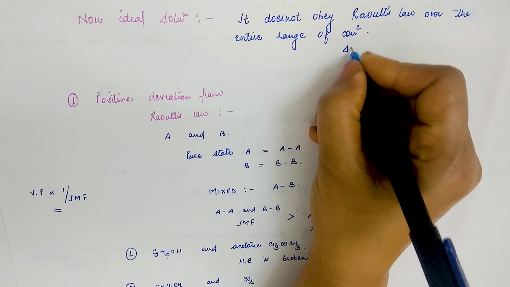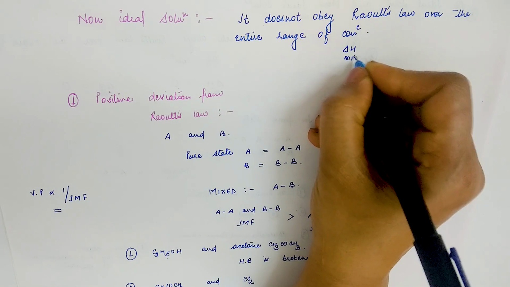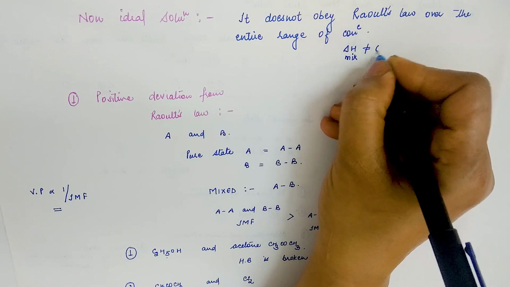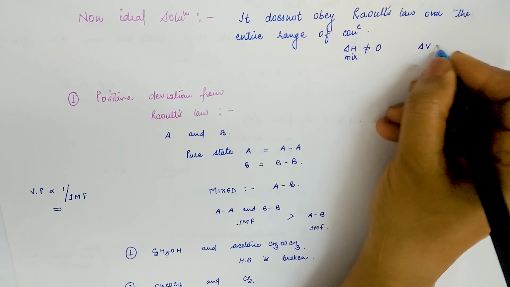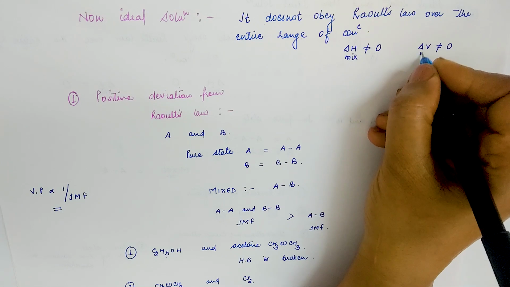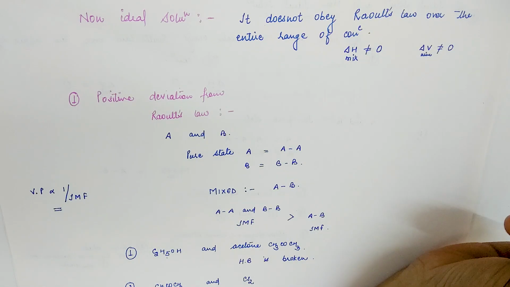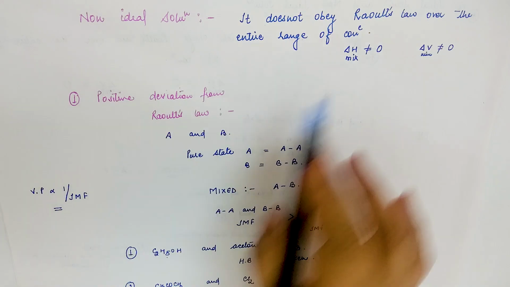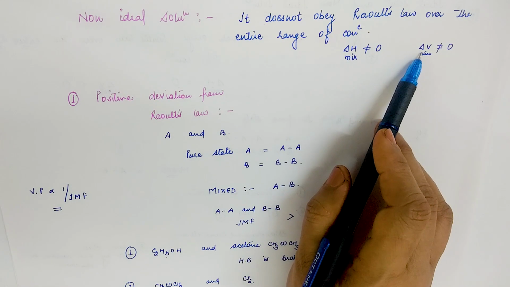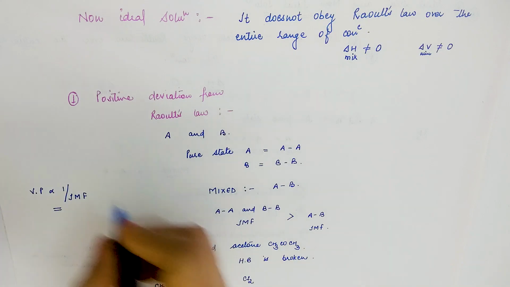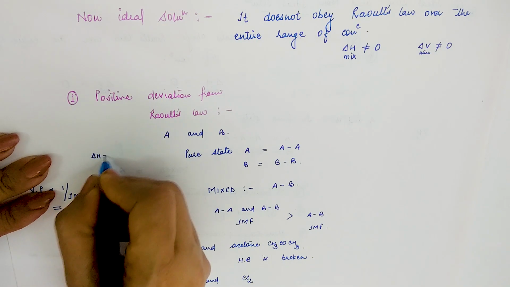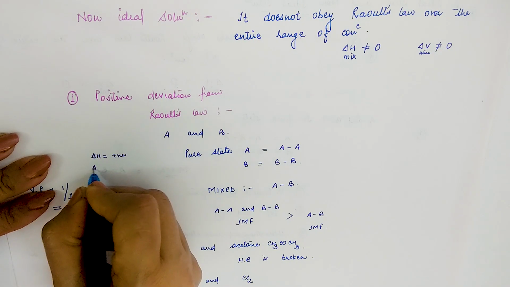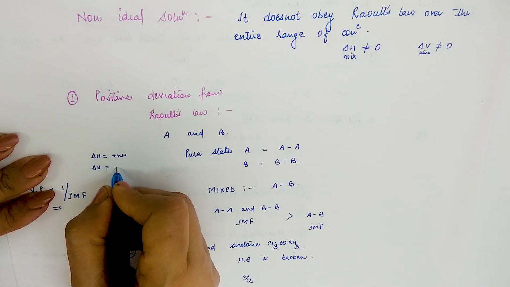I can write here delta H of mixing is not equal to 0 and delta V of mixing is also not equal to 0. Here we can say, in case of the positive deviation, delta H is positive and delta V is also positive, meaning more volume.